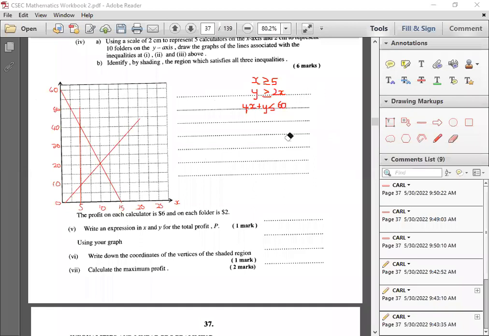So are we ready now? All right, so we want to plot this. This is a line that runs through 5 on the x-axis. So this line is x being greater than or equal to 5.